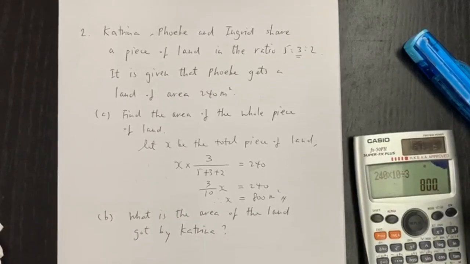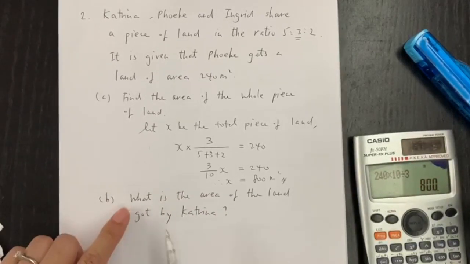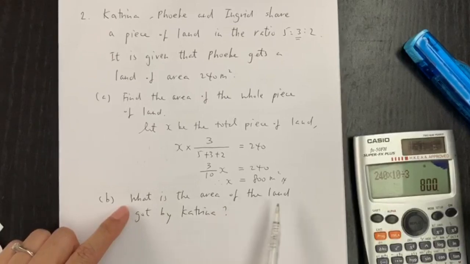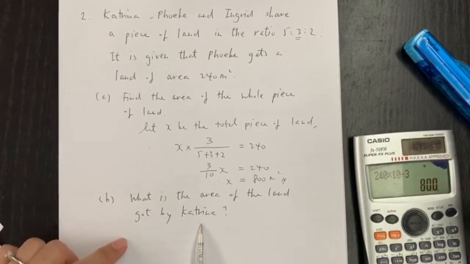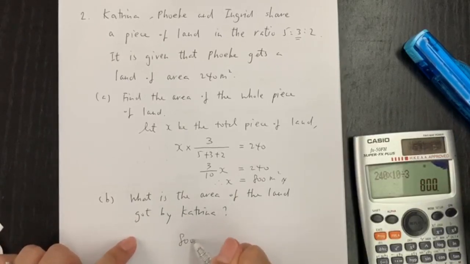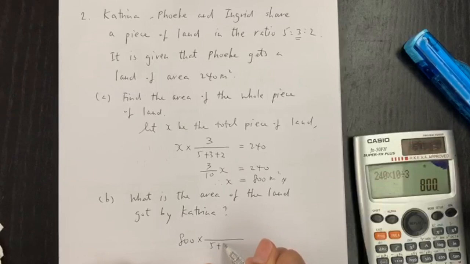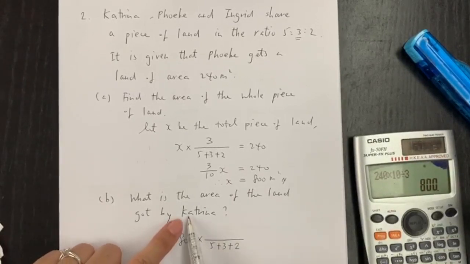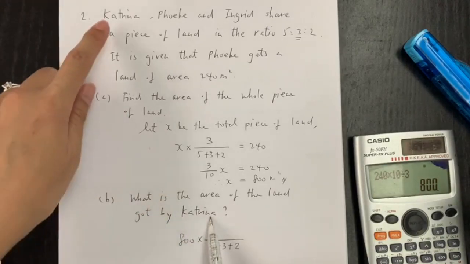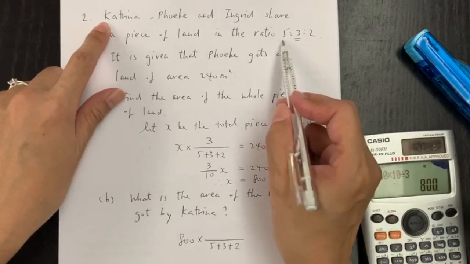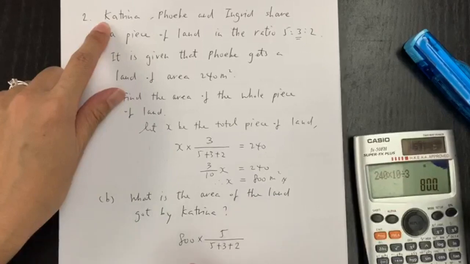Okay, all right. The same situation now, you have to find the area of the land got by Katrina. Alright, since we already know the total, we start with the total 800 times, again, 3 girls altogether in this ratio, and now we have to find the share for Katrina, and Katrina gets 5, so I put 5 on top.